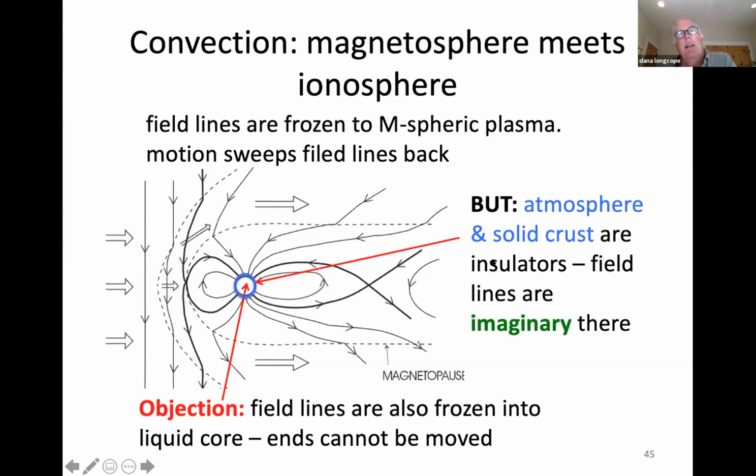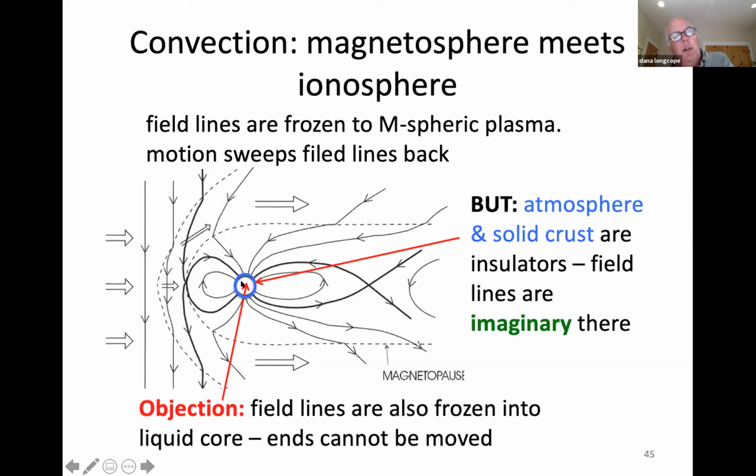But between those two regions where field lines are frozen to the material, to the plasma or the molten core, there is a solid crust, there's an atmosphere, there's stuff that is not conductors, they're insulators. And at that point, there is no concept of frozen-in field.